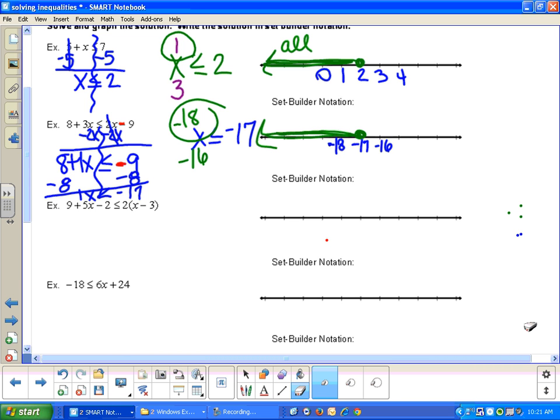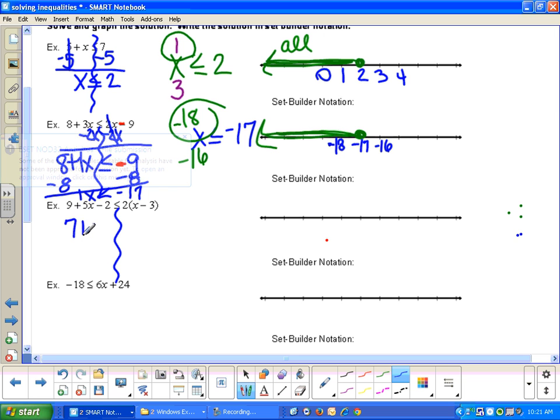Okay, the next one, same idea. This one was missed a lot on the quiz. It was one of the last questions that we had. Look at this side. What can we put together here? 9 and the 2. 9 minus 2 is 7.